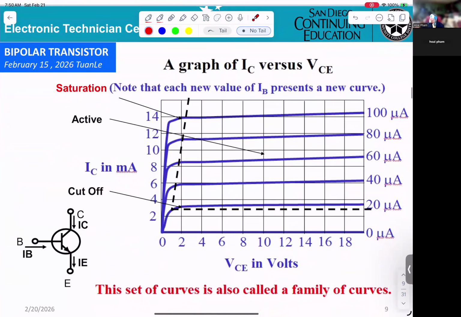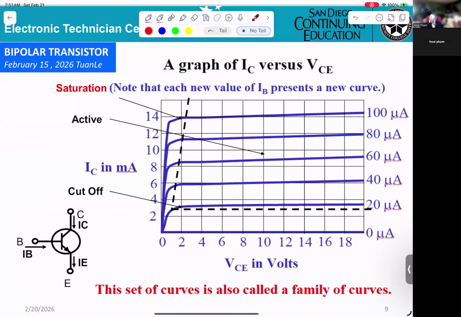Now, for this one, the set of curves is also called a family of curves. You see this is an NPN transistor. This stands for the current IC. That's the IC.